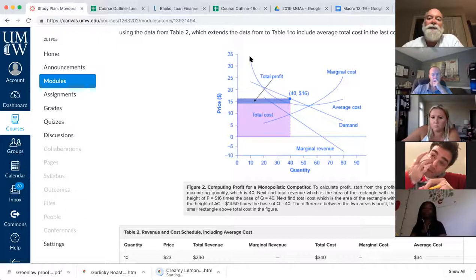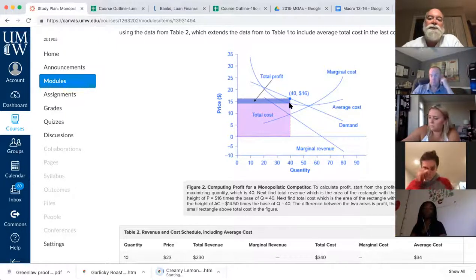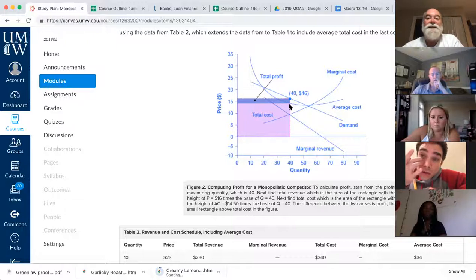But now additionally, we have information about the average cost. What you can see here is that at a quantity of 40, the average cost curve is below the demand curve. That's really important because that means that the price is greater than the average cost. Or to put it differently, the firm has a positive profit margin. It's making positive economic profits.